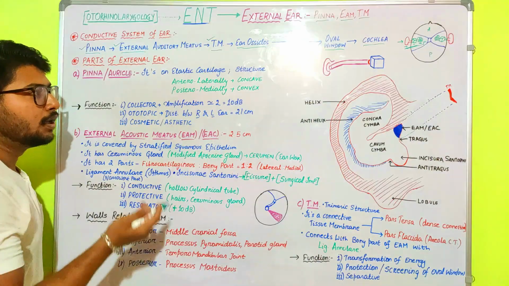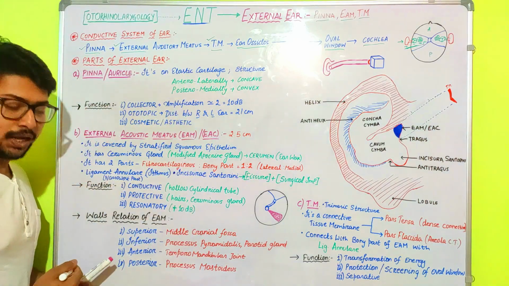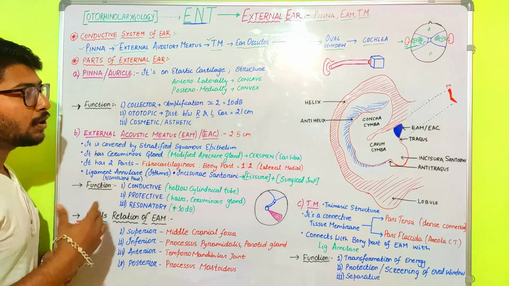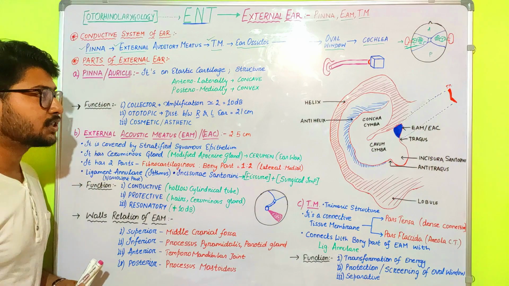Then we are going to read about each of these structures, what its anatomy is, what its physiology is, and what the important landmarks present in these anatomical structures could be.